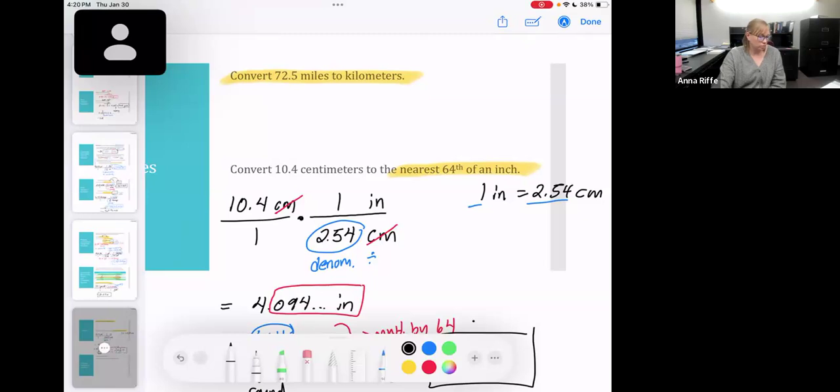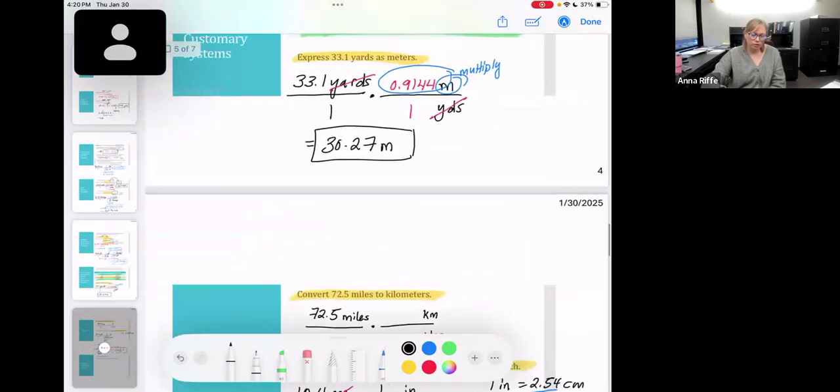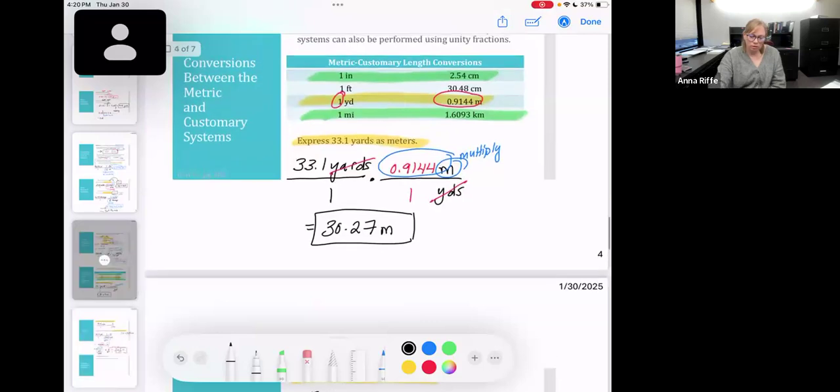Let's work through this briefly. 72.5 miles. Write that as a fraction. I want to multiply by a unity fraction that has miles on bottom, kilometers on top. I can look up that conversion factor.